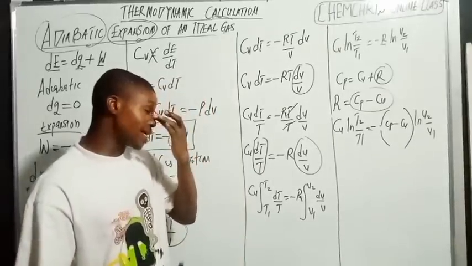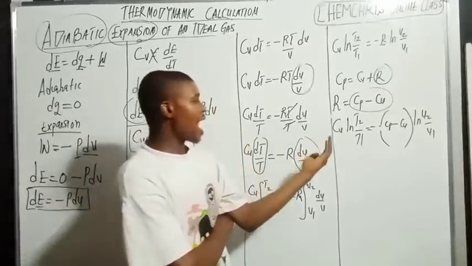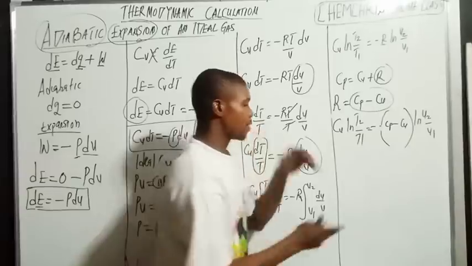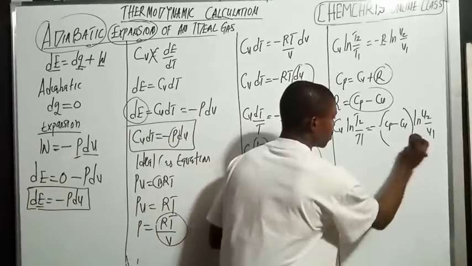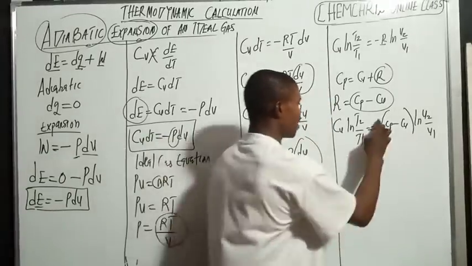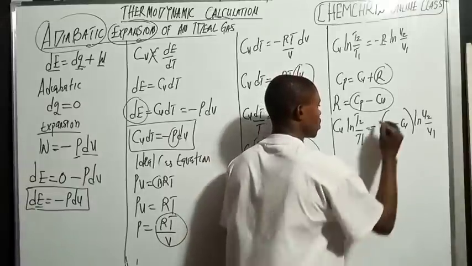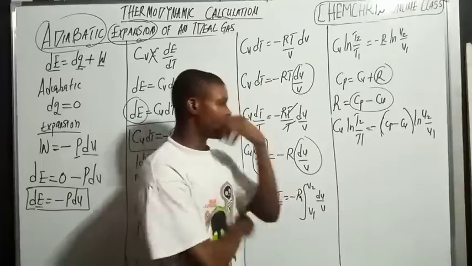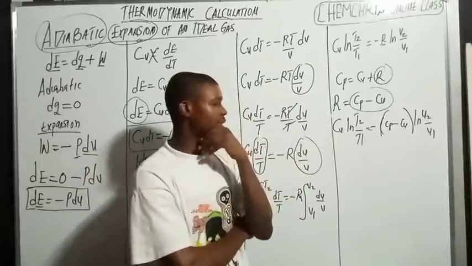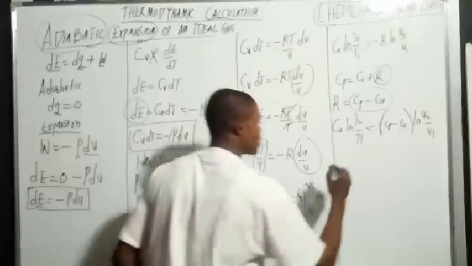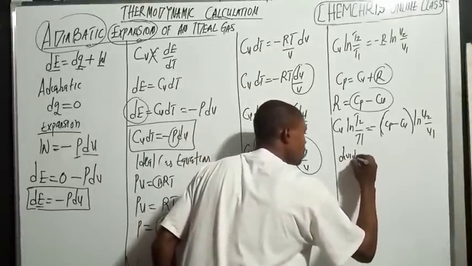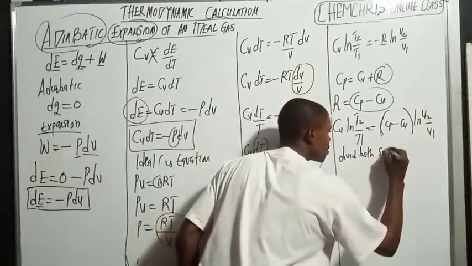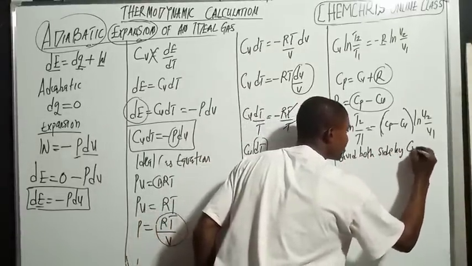So the next thing I want to do here is that I have CV here, so I want to divide both sides by CV.